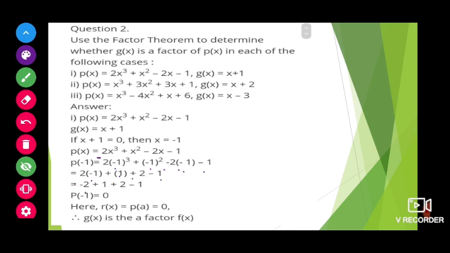Now here plus 2 minus 2 plus 1 minus 1 will get cancelled. The remainder is 0. So we can conclude that g of x is a factor of this expression.